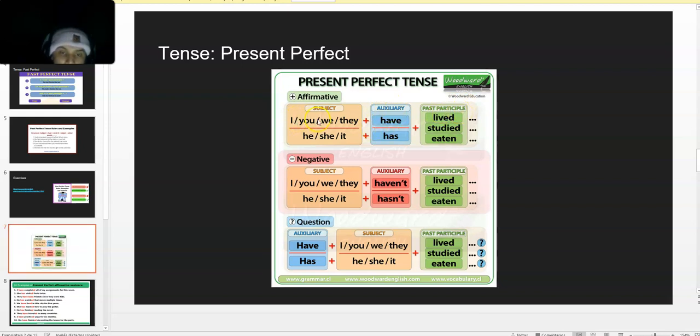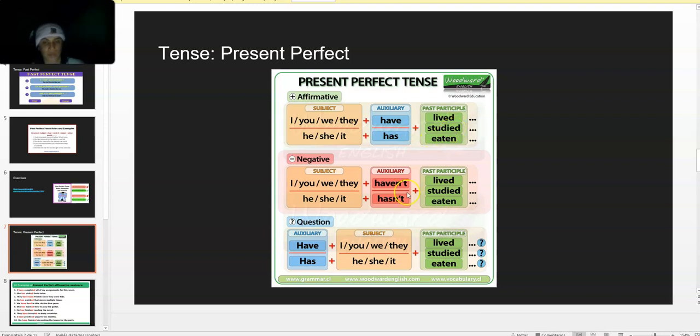"Have" is the auxiliary for this type of subjects, and for he, she, it, you use "has" with the past participle. In negative, it's the same, but you add the negation: "haven't" or "hasn't".